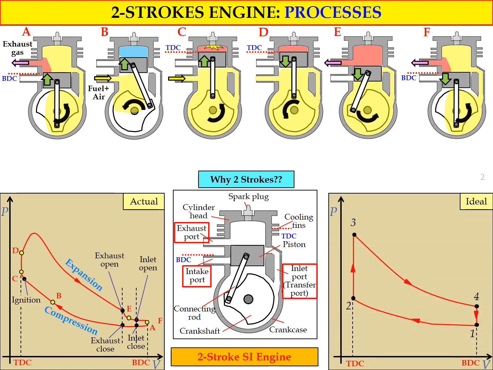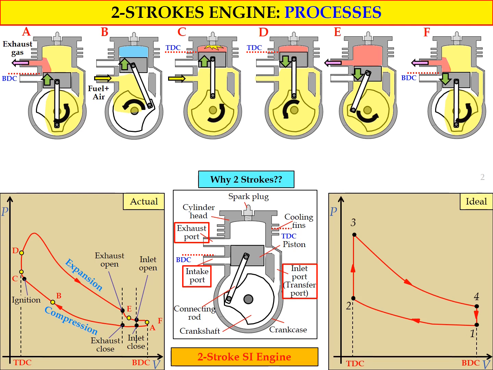So now, why do we call this engine a two-stroke engine? First, if we simplify the process after we consider the air standard assumption, we will have a simplified PV diagram for the ideal cycle as shown in the figure. In the figure for the ideal cycle, we have only 4 states or 4 points and 4 processes involved. From state number 1 to state number 2, we have the compression process, where the volume decreases and the pressure slightly increases.